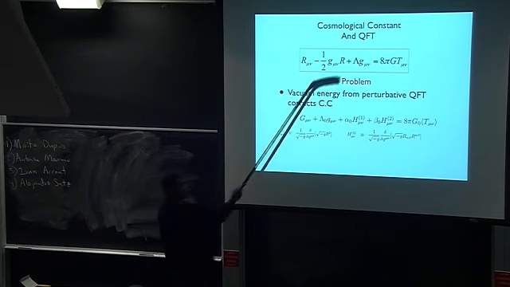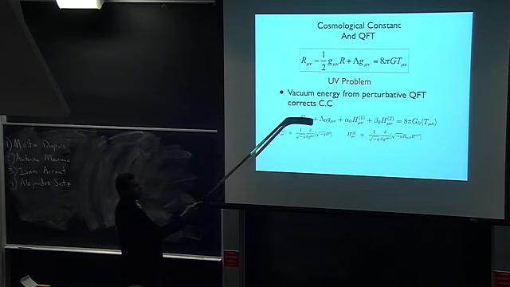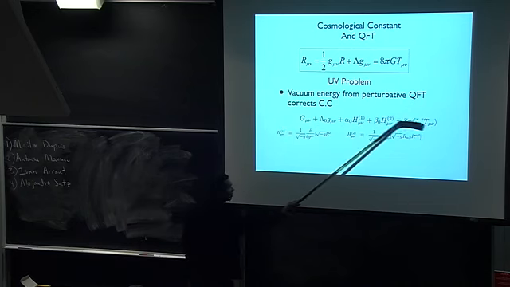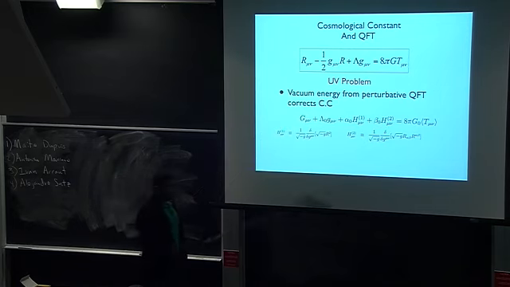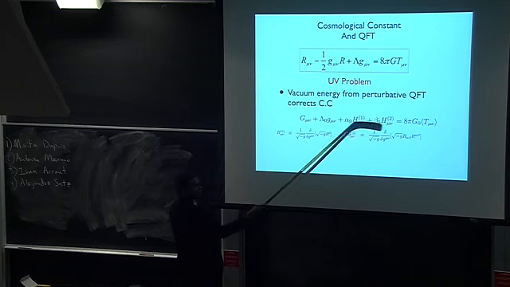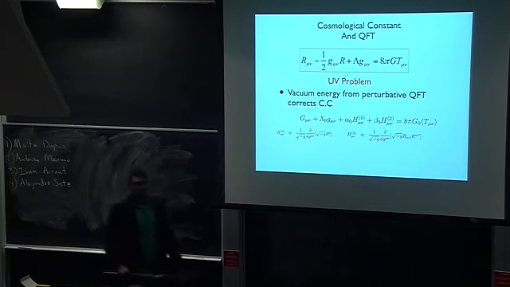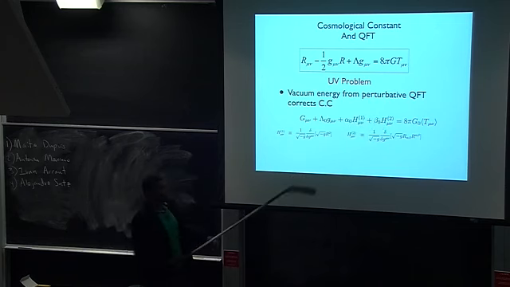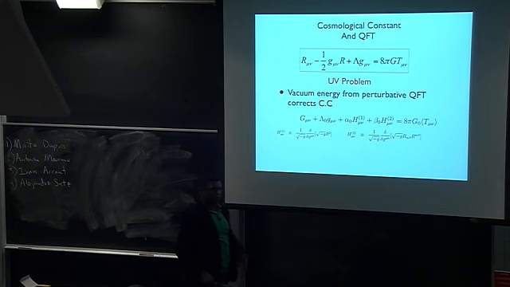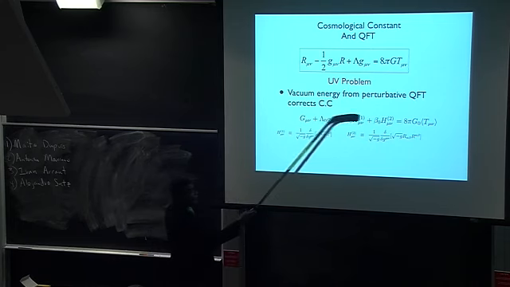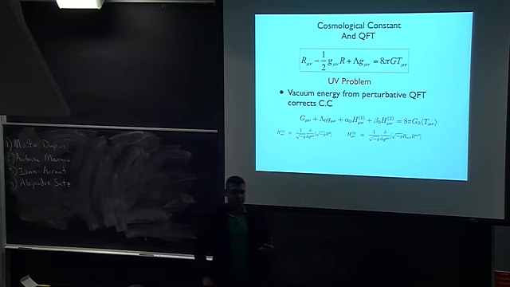If you go through that calculation, we find that the VEV of the energy momentum tensor corrects the bare cosmological constant to include higher derivative curvature terms. And what's important here is that after renormalizing infinities, these parameters cannot be determined by the field theoretic prescription.